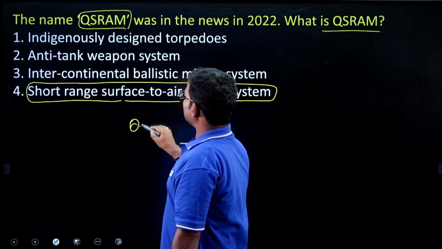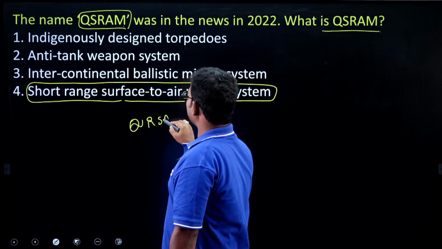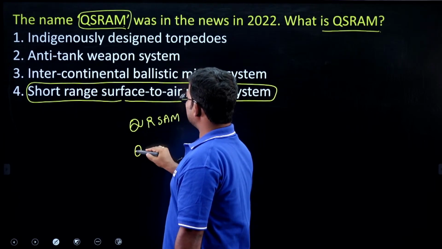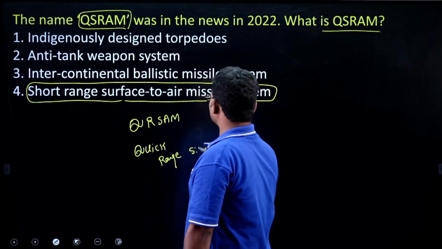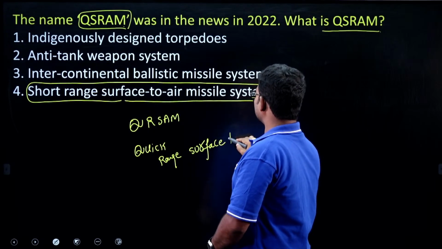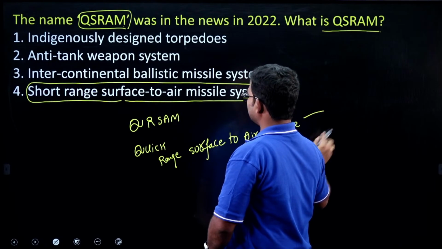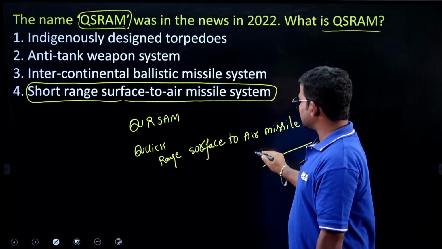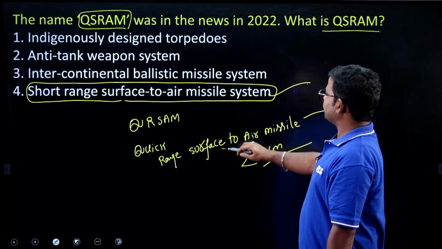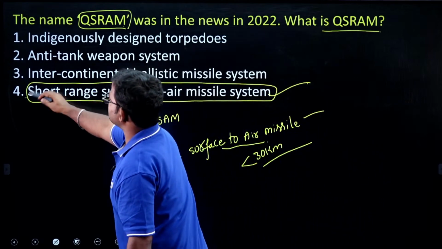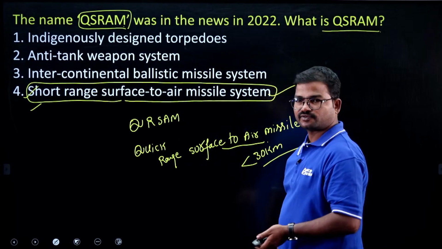QRSAM means quick reaction surface to air missile. Its range is less than 30 kilometers. So here it is a short range surface to air missile. That's why you have to consider option 4 as the right answer.